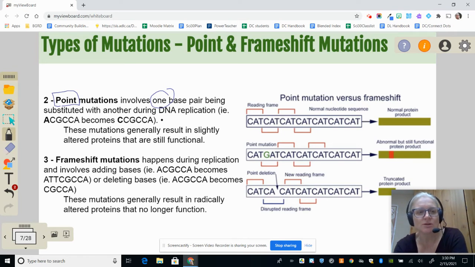So if you have a sequence of nucleotides, A, C, G, C, C, A, just one of those nucleotides is being subbed for another one. So instead of an A, you have a C, and then the rest of that DNA chain is the same. Usually these mutations just result in a slight alteration in the proteins, and they're usually still functional. Although we will look at one where it's not functional anymore.